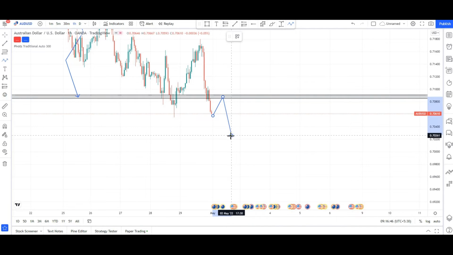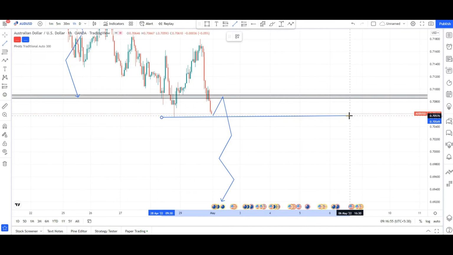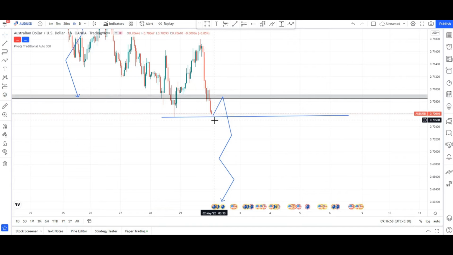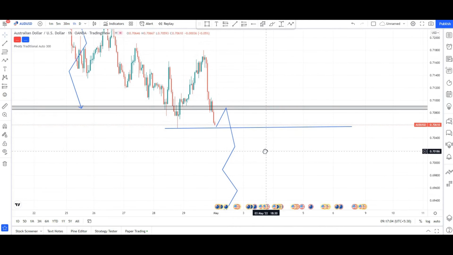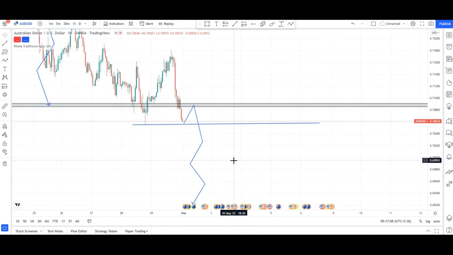Okay guys, our first target, second, third and fourth target. Okay guys, you have to see that it has to break this line. Okay, if it is in continuation only it breaks, then you can go for your first, second, third and fourth target. Okay guys, you have to take your risk. Remember, risk management is very important guys.